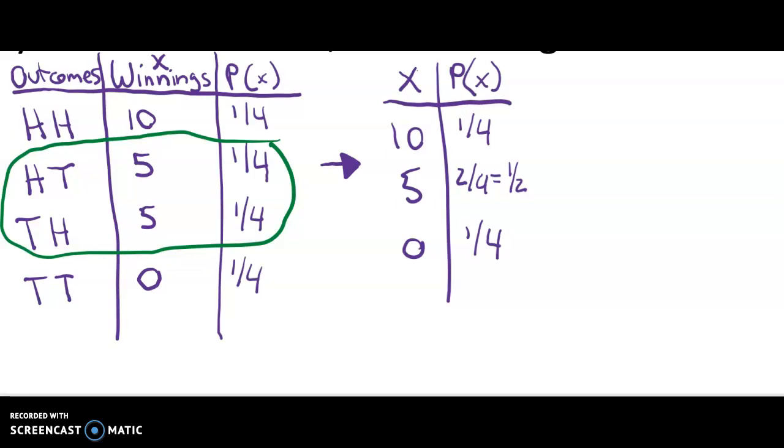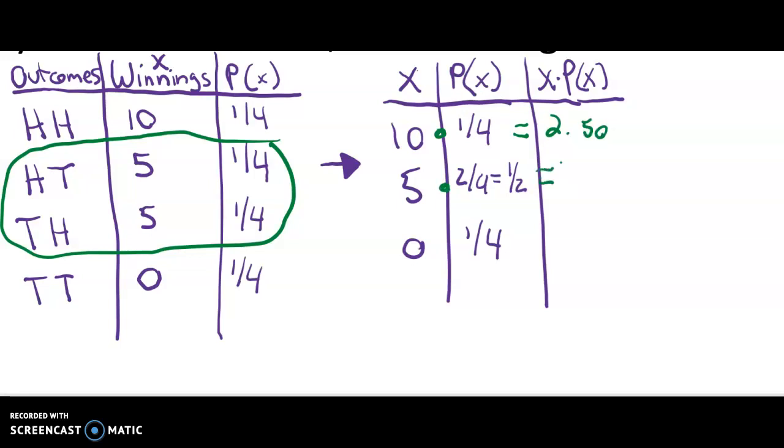Now, we were asked to find the expected value, and to get the expected value, we take each x value and multiply it by its probability, and then we'll add them all up. So I'll take 10 times 1/4, and I'll get 2.50. 5 times 1/2 is 2.50, and 0 times 1/4 is 0. Now what I need to do is find the sum of x times p of x.